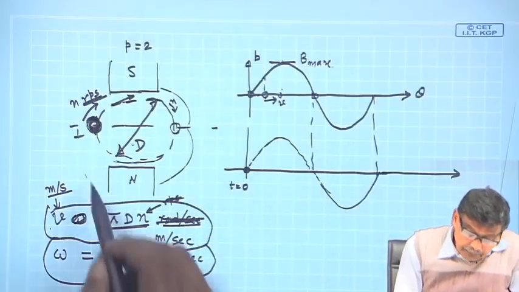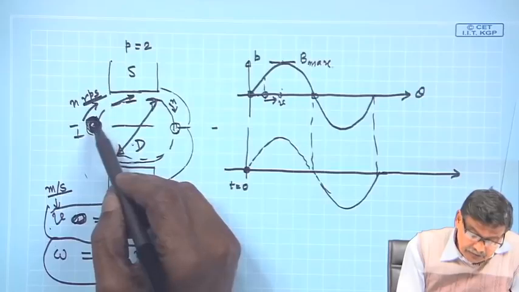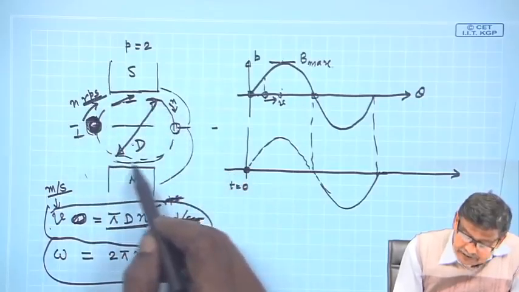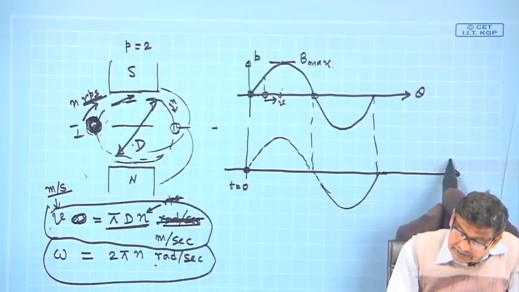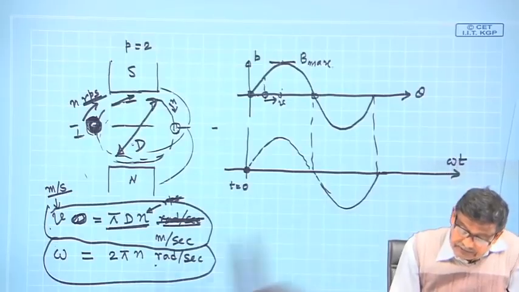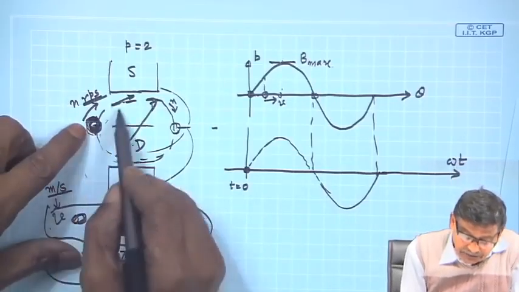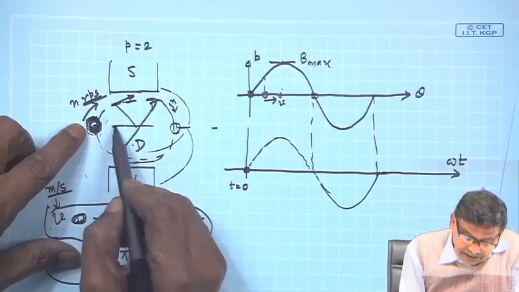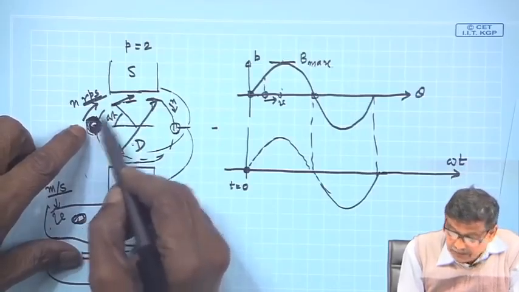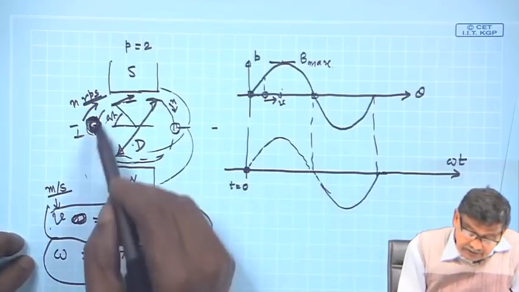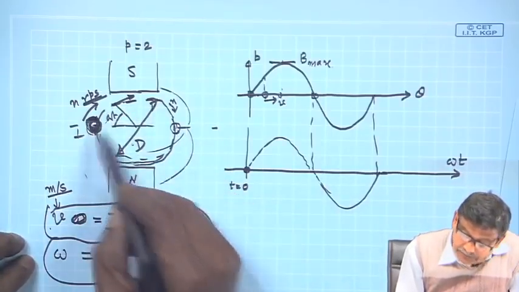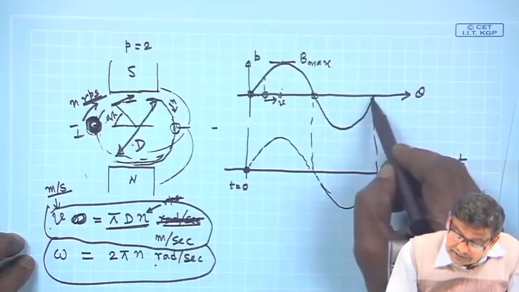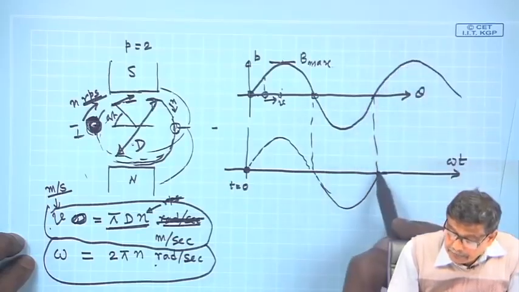Therefore, when this conductor makes a complete rotation in this direction, and this is omega t, omega t was 0 and then it was increasing. When it comes back to its original position, once again it will be 0 and the cycle will start repeating.